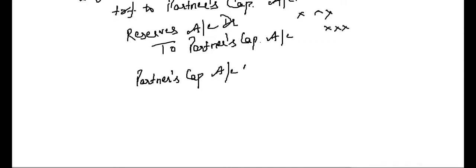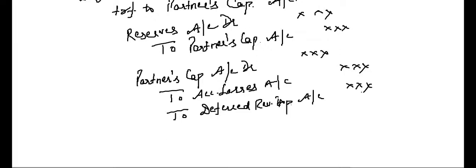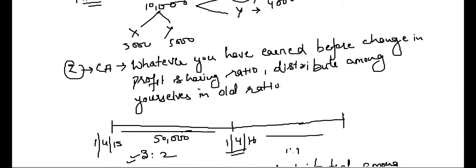Partners' capital account debit to accumulated losses account and to deferred revenue expenditure account. This is a very simple logic that we will not let anything appear in the balance sheet that attracts a conflict among the partners. That was the basis of this conclusion.